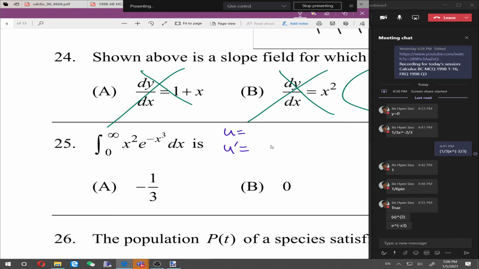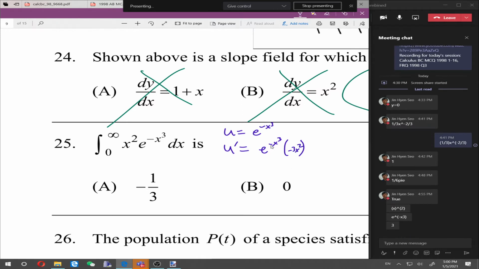e to the negative x cubed. e to the negative x cubed, if I derive that, would be e to the negative x cubed times negative 3x squared. I don't have the extra e to the negative x cubed out there, so I don't think that's going to work either.